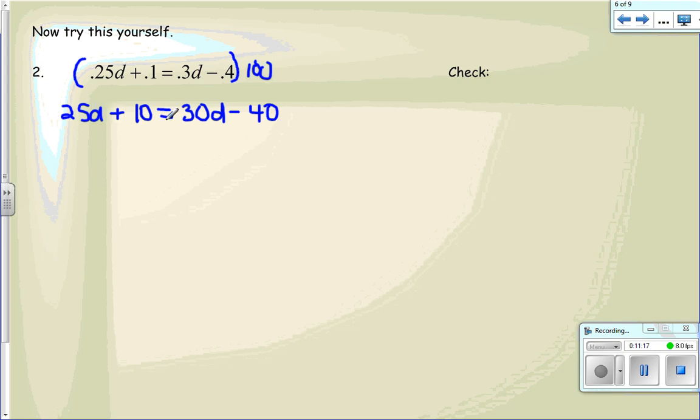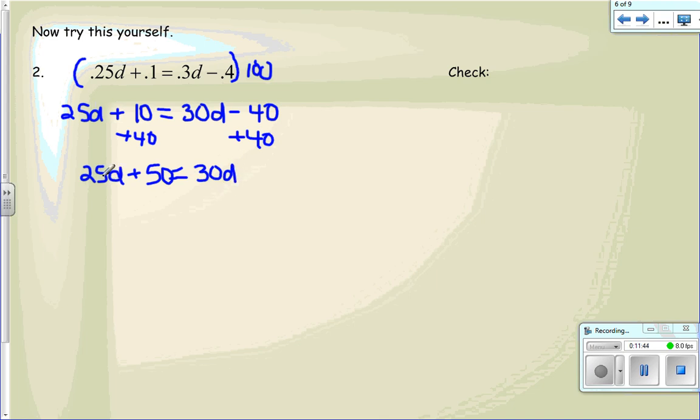So what I'm going to do is I'm going to move this 40 over to this side because I like keeping my coefficients positive. So I'm going to add 40 to both sides. And on this side I'm left with 25d plus 50 equals 30d.